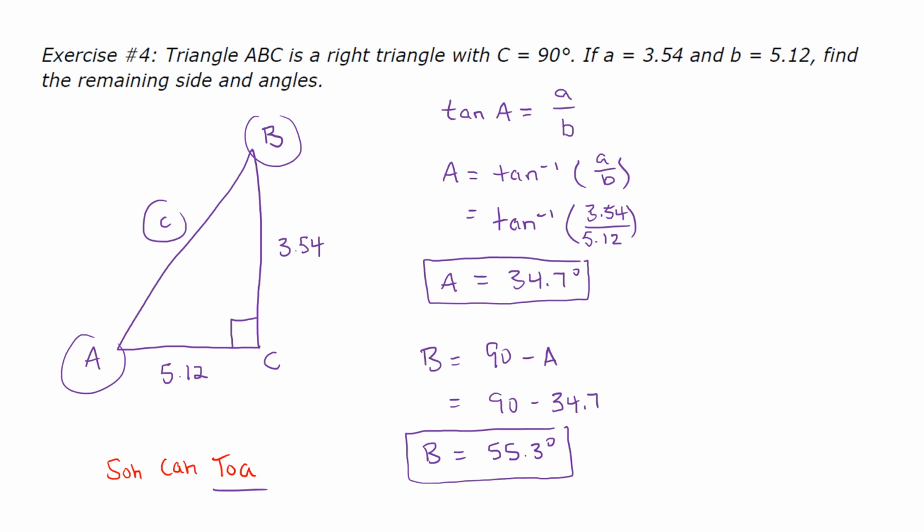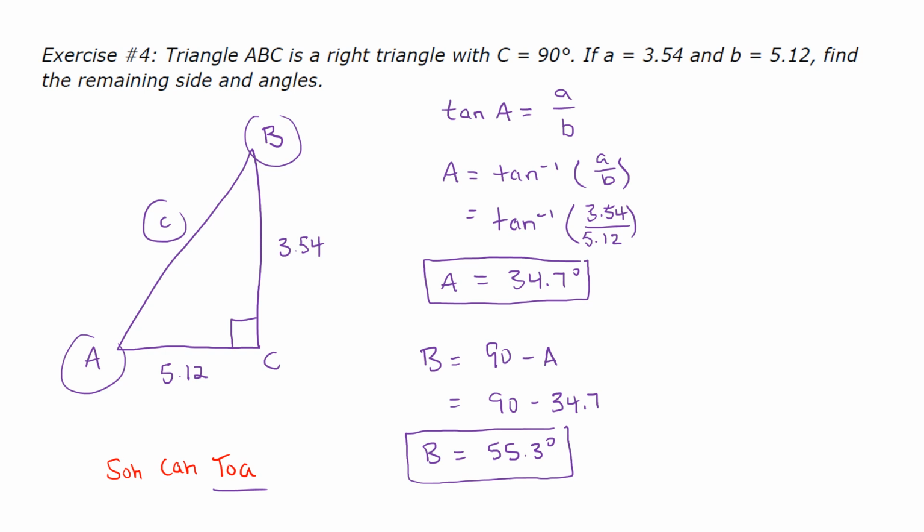So I'm just going to look from the perspective of A. You can look from the perspective of B if you would like. From the perspective of A, knowing that A is 34.7 degrees, and I'm trying to find C, C is the hypotenuse, and I can either use the adjacent side or the opposite side from angle A to help me find it.